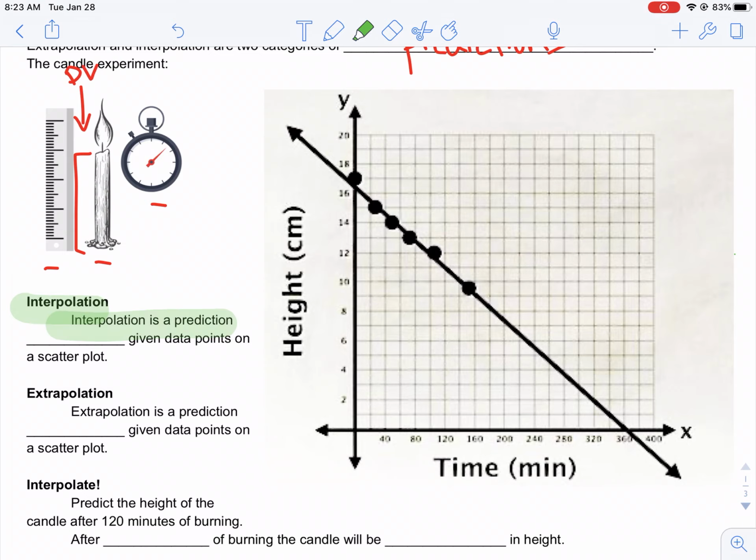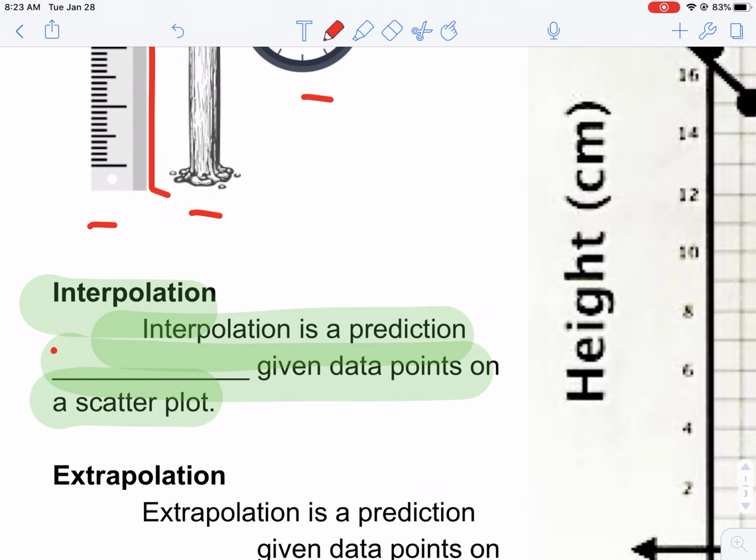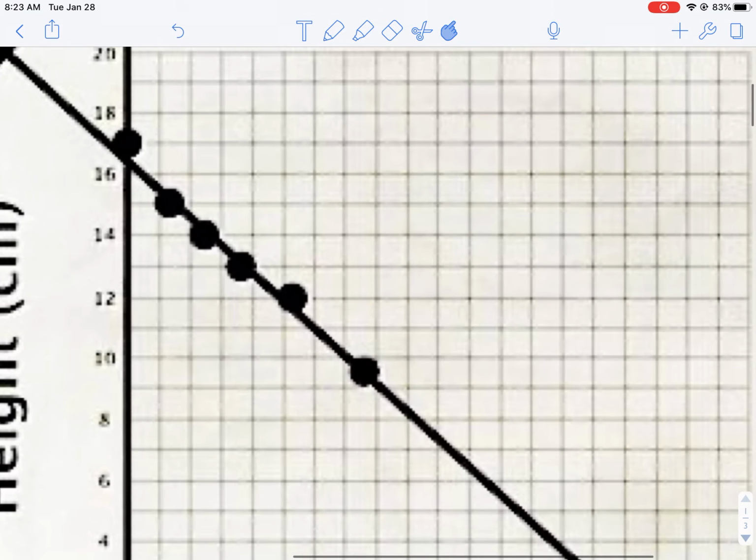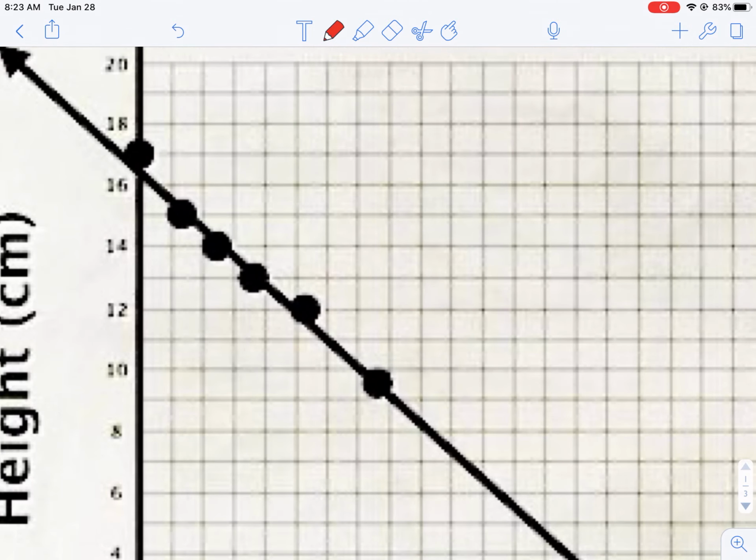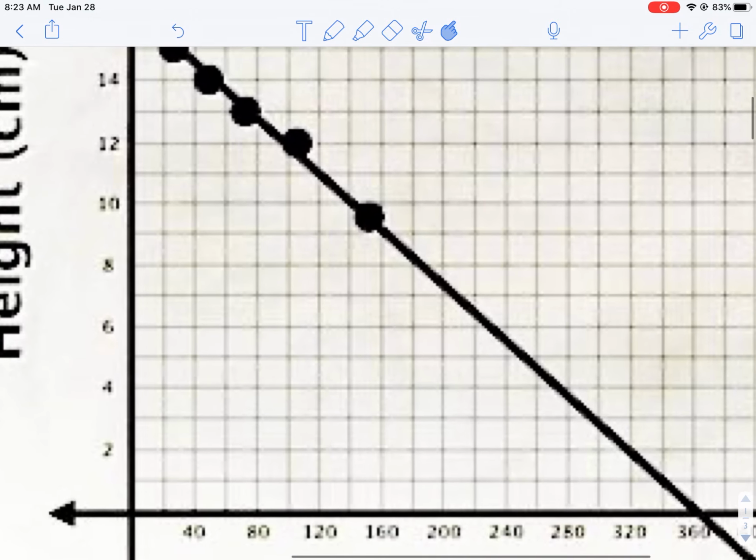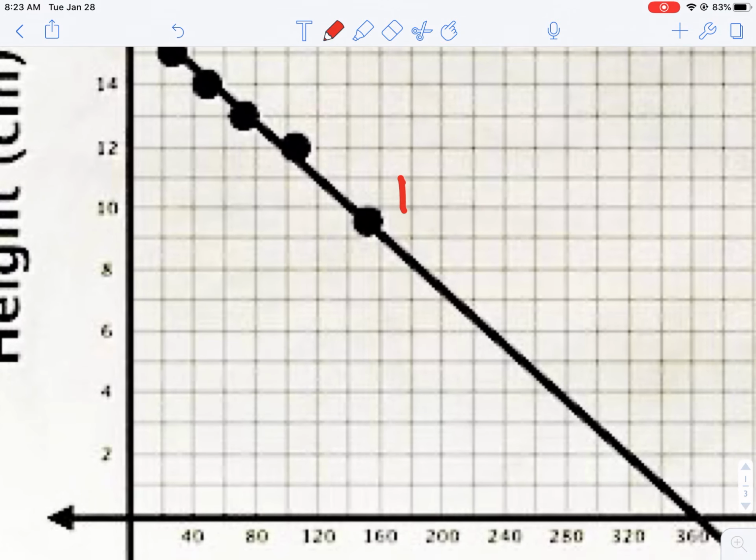Interpolation is a prediction within given data points on a scatter plot. So within. So let's look here. Here's our data. We have a data point at 0, 17, and we have a data point at 150, about 9.5.